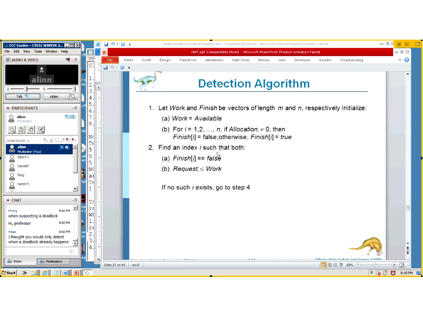When suspecting a deadlock, I want you to kind of tell me specifically when would we run the detection algorithm? No, Mega, you don't know when it happens.